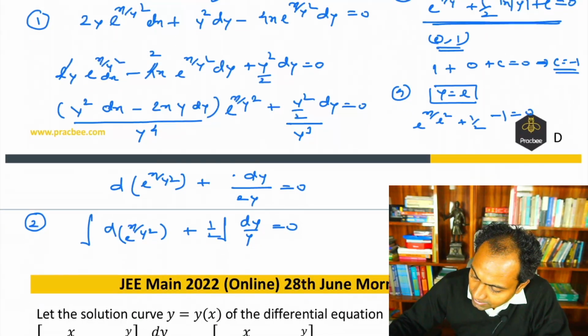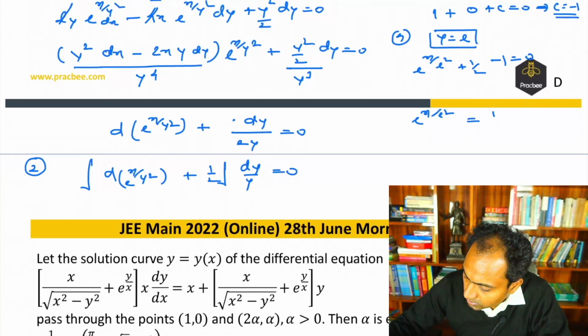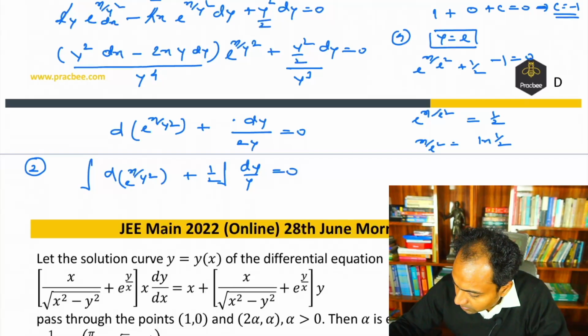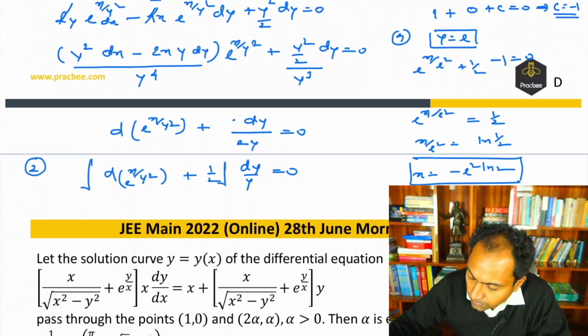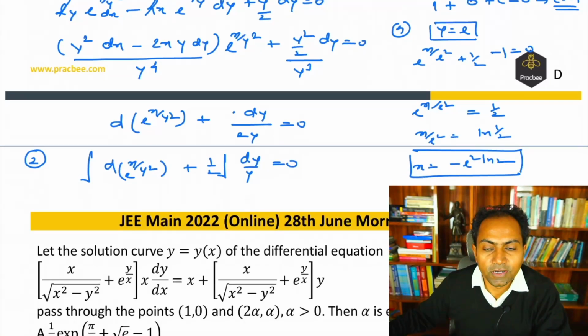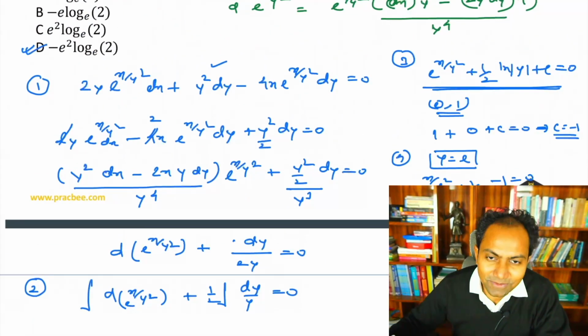We can see that e raised to the power x by e square is equal to 1 by 2. So x by e square will be equal to ln of 1 by 2. So x is nothing but minus e square ln 2. This is the answer that we are getting. Now let us check the options. You can see that option D matches.